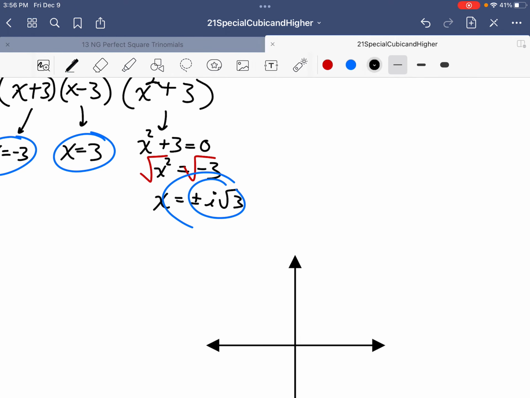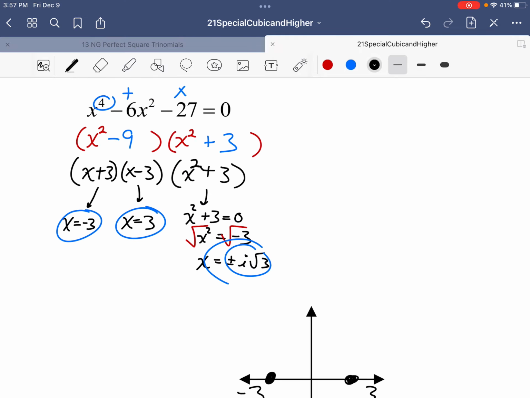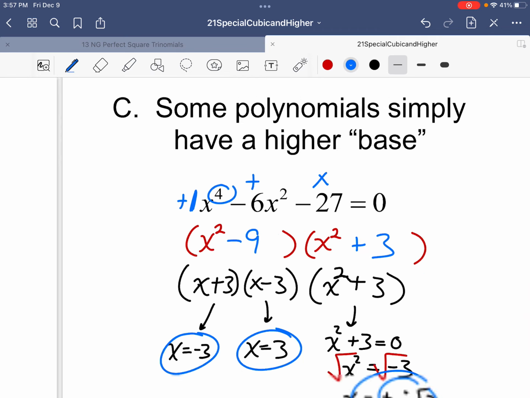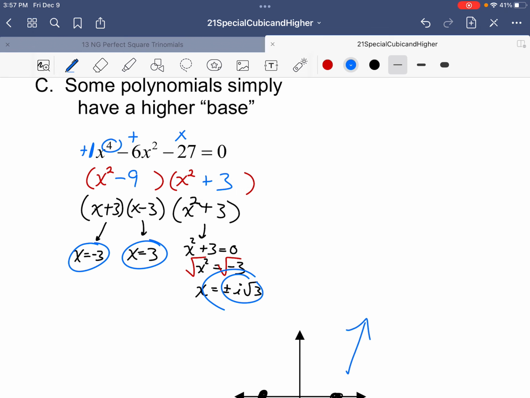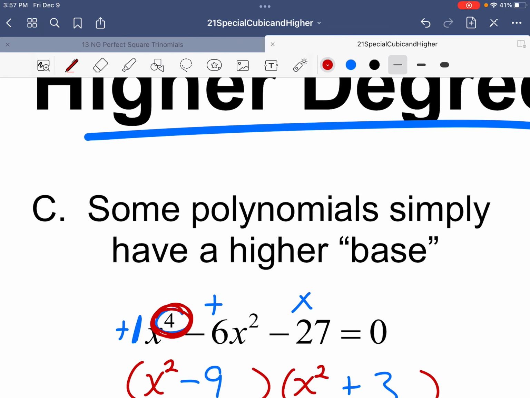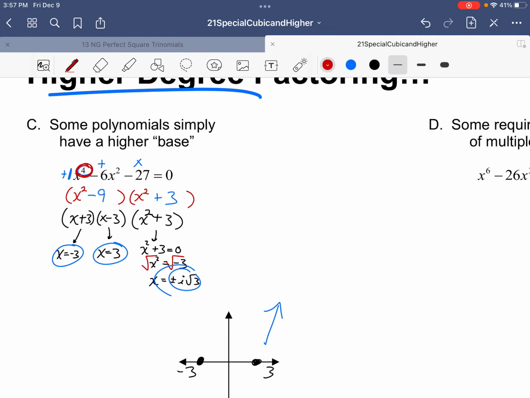Can I graph this problem? Sure, I can still graph it. All I have to do is know where the real roots are. The real roots are 3 and negative 3. And if you think about your end behavior, because it's got a positive leading coefficient, it has to go up to the right. And because it has an even degree, it's going to have the same behavior on the left.